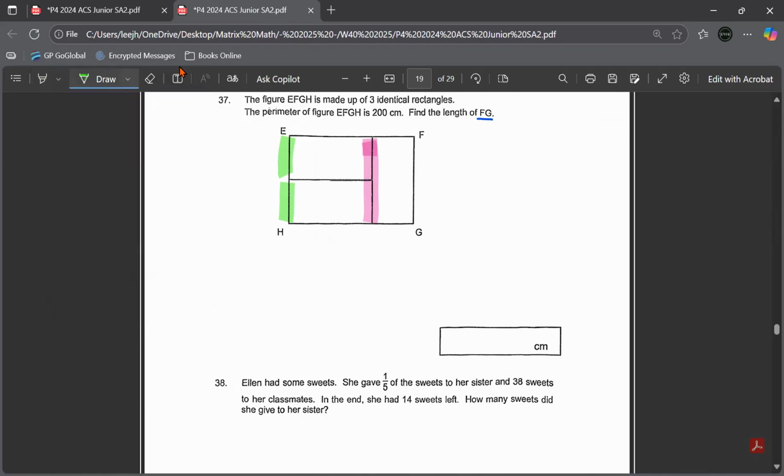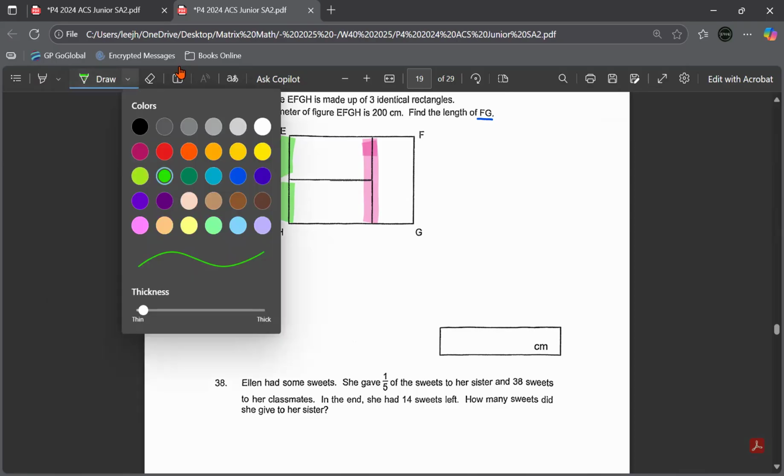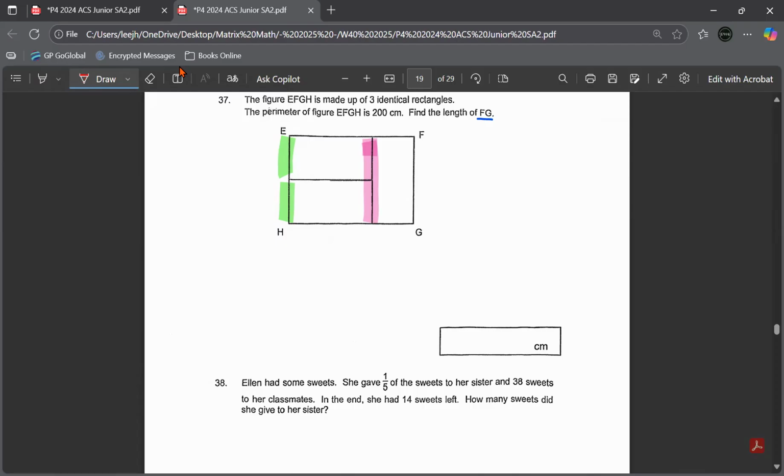So one length is equal to two breadths, which means I can cut this into half, and this one also can cut into half. In other words, the length is actually twice its breadth. So this is 2 units, and this is 3 units, because 1, 2, 3, 3U.